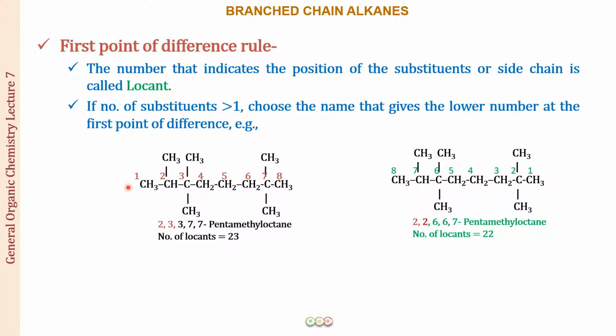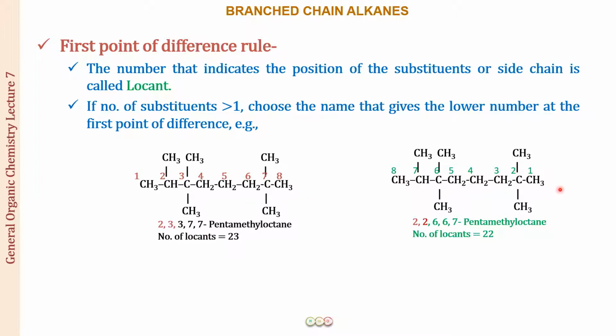Now we just write the numbers of these methyl groups, or these locants. In this case, the first locant is position number 2. Then we have 2 methyl groups at position number 3, so we write 3 and 3. And in the next one we have 2 methyl groups at position number 7, so the next locants are 7 and 7, right?